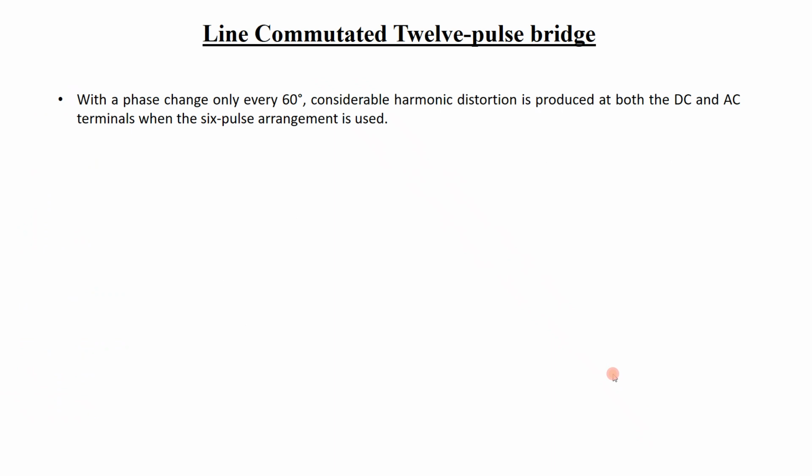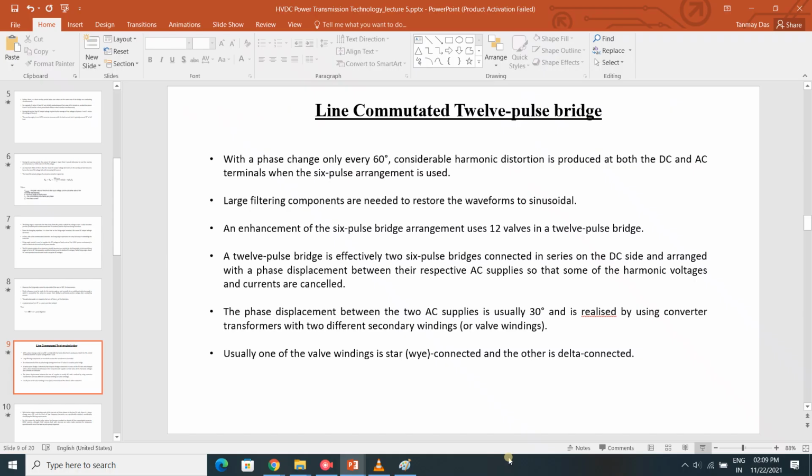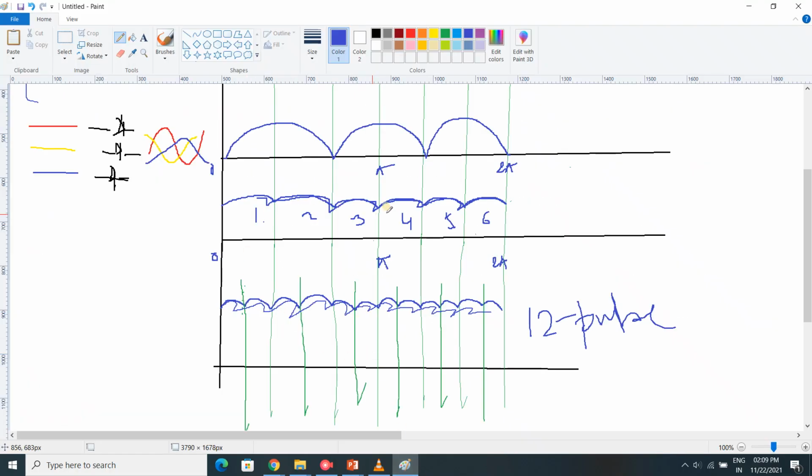With a phase change only every 60 degree, considerable harmonic distortion is produced at both AC and DC terminals when the 6 pulse arrangements are used. We have seen that in 6 pulse every pulse was pi by 3, that is 60 degree. Since 60 degree is quite considerable compared to 360 degree, it is sufficient to create harmonics.